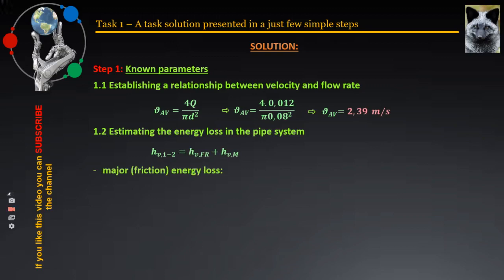Initially, the formula that can be seen on this slide is used. Then it is replaced with numbers, and after being calculated, for the friction energy loss, we obtain 2 meters. It is now time to calculate the local resistance, also called minor energy loss.